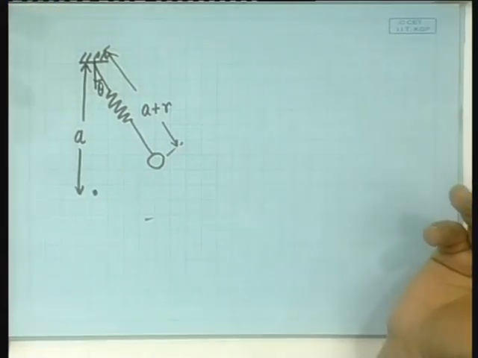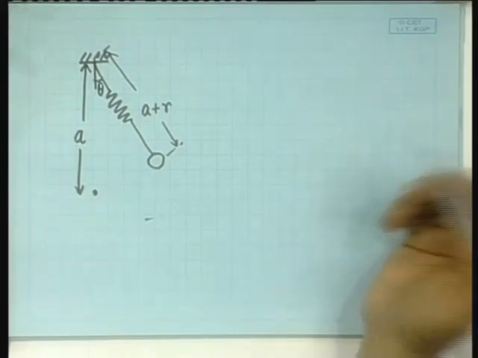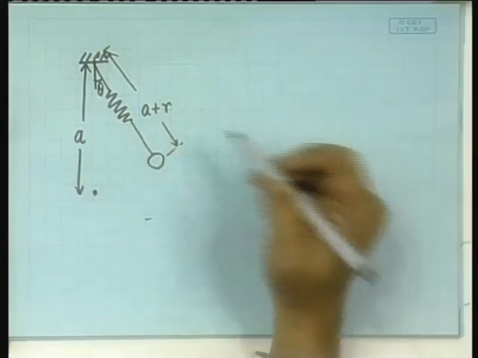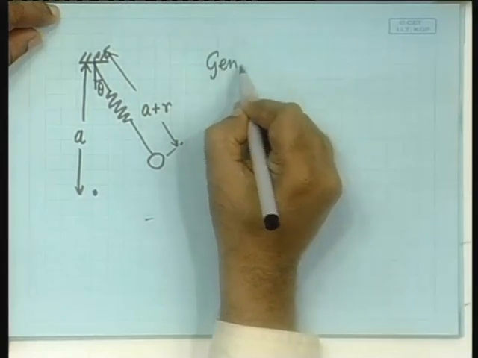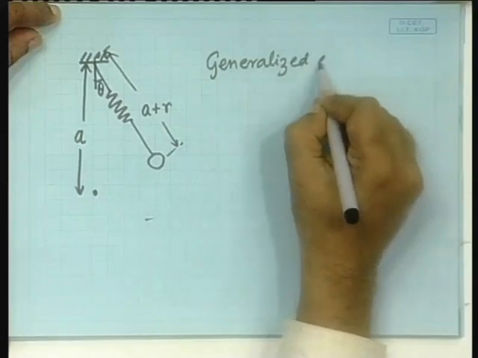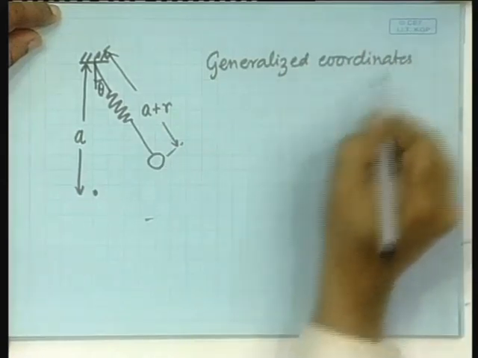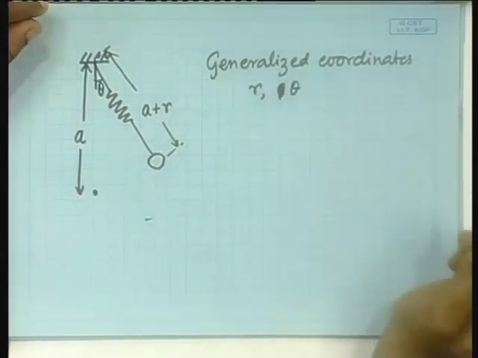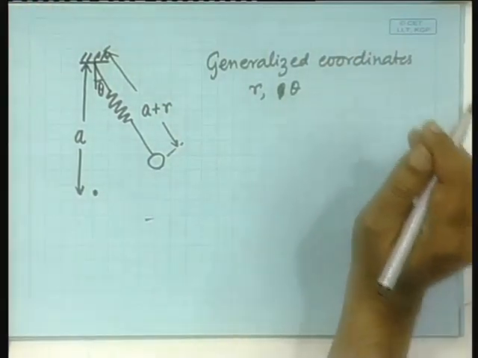We can do it this way. That also uniquely defines its position, does it not? Plus theta. Theta has to be there as one of the coordinates. So r and theta, so then generalized coordinates become r and theta. Okay.